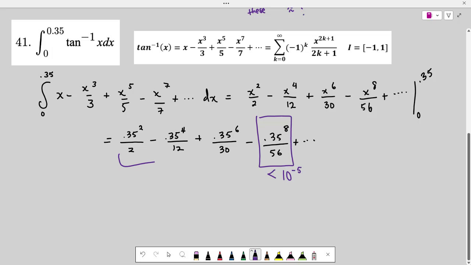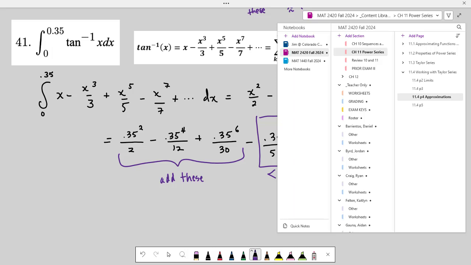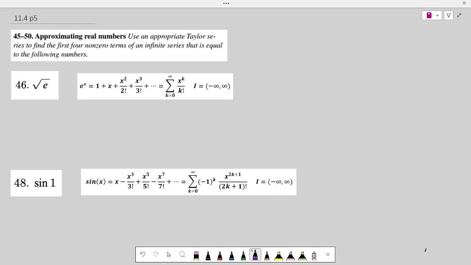So you're going to put these all into your calculator, add these up, and that's the approximation. Any questions on any of those steps? All right, well, let's go to this last page.